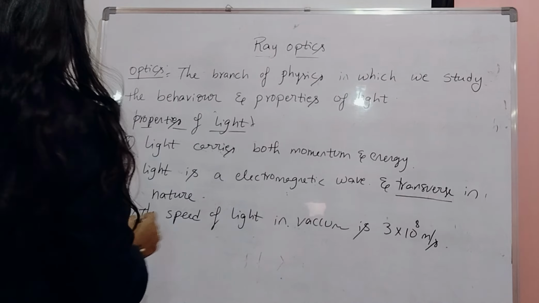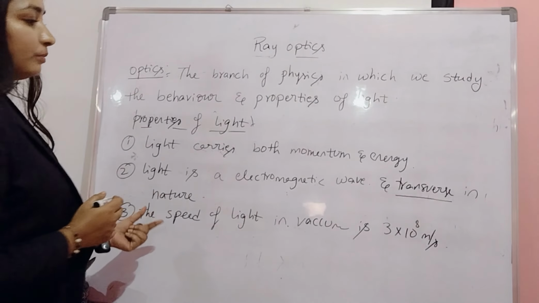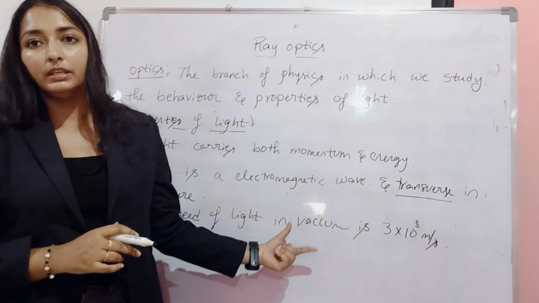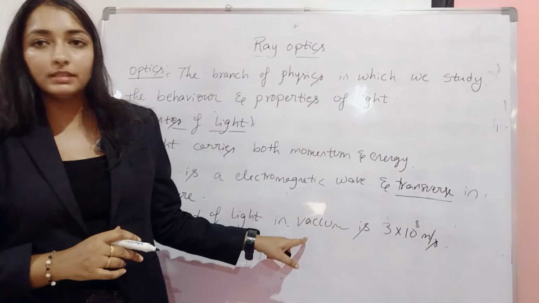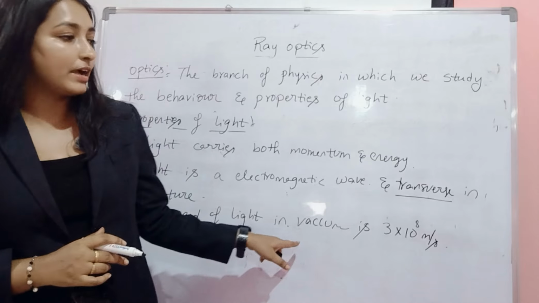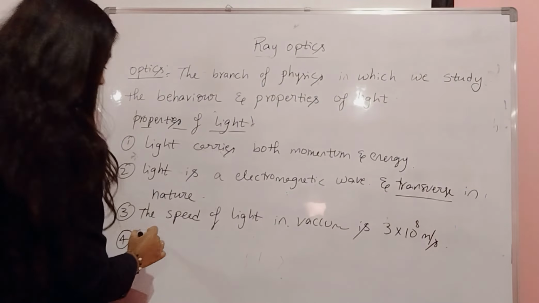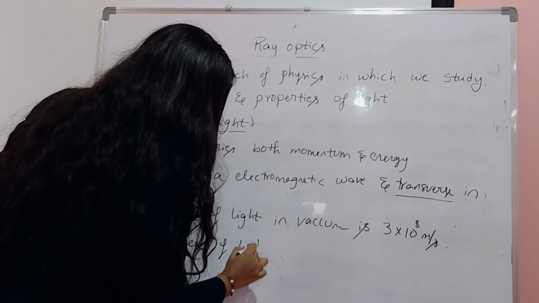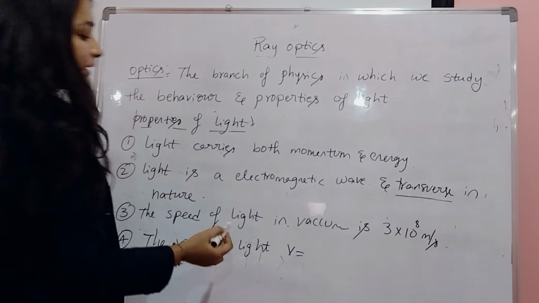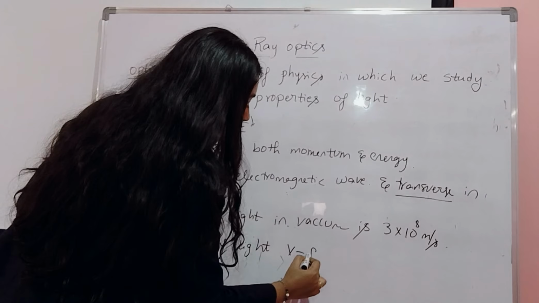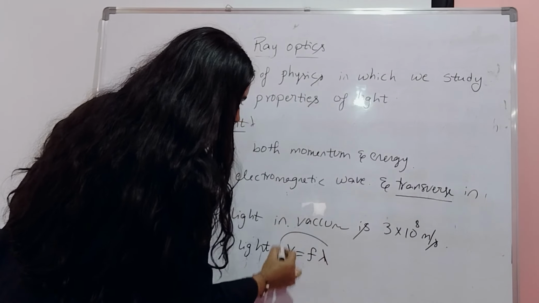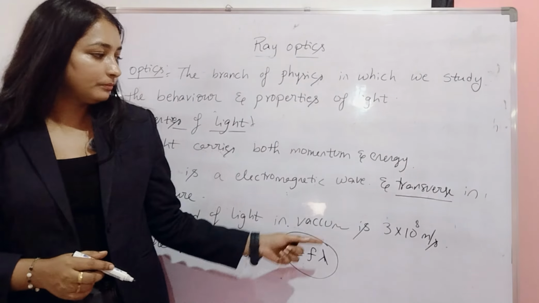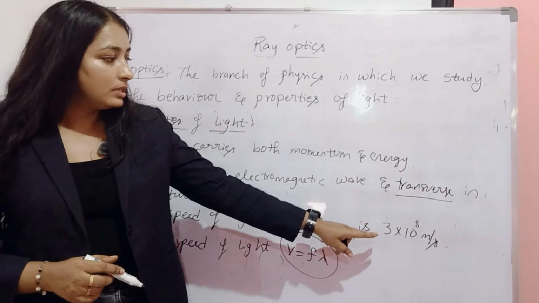Okay, so the speed is extremely large when it travels in vacuum or free space, and the speed of light can be calculated by using the simple formula v is equal to frequency into wavelength. Is it clear? So v is equal to f into lambda, and this is the extreme speed of light.